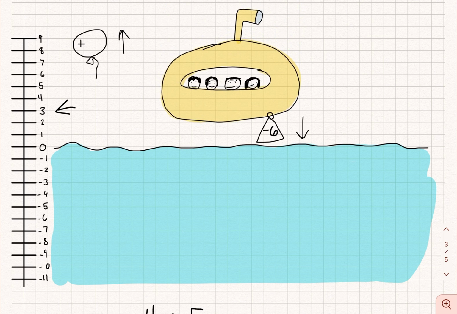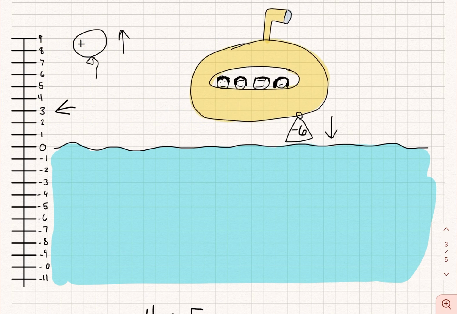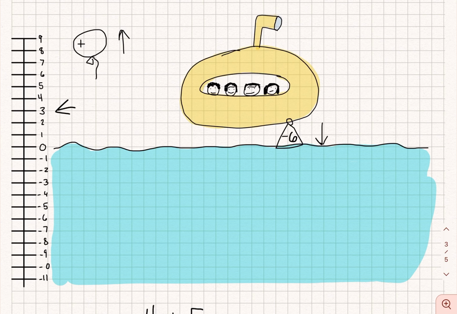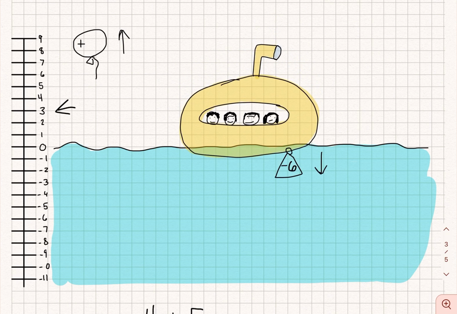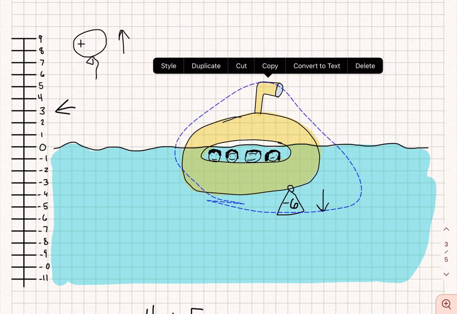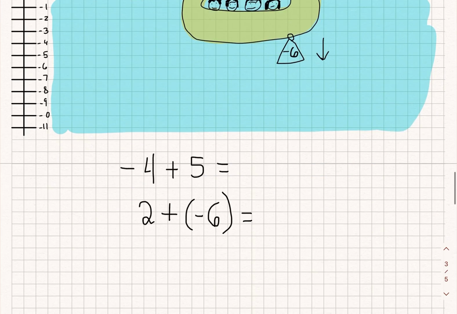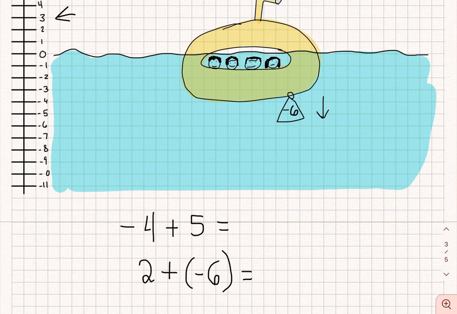But we're adding weights. So we started at 2, and we're going to go down 6. So that would be 1, 2, 3, 4, 5, 6. And this is where I'm going to stop. Let's see here. Where am I at now? Now I'm at -4. So I can say that 2 plus -6 equals -4.